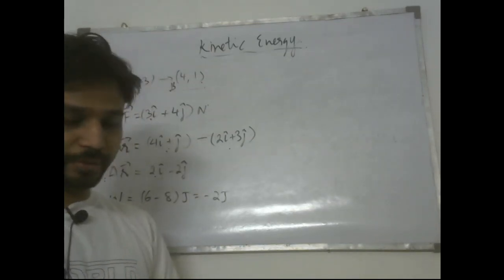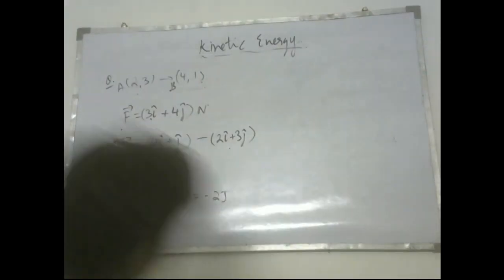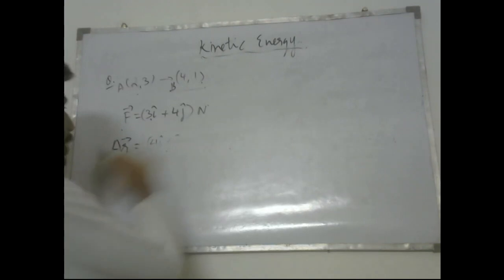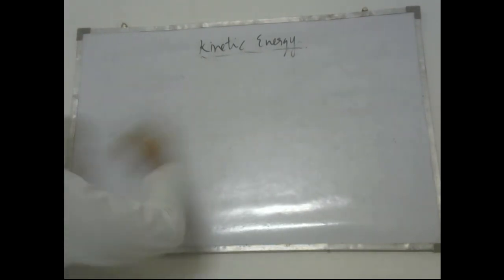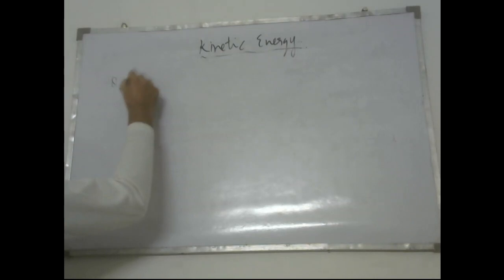Next question, we have a force which is variable. So this was the case when the force was constant. We decided that the work done remains independent of the path because it is coming out of the integral. What happens in this case? The question is, force is acting on a particle.